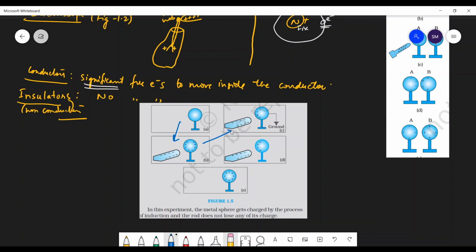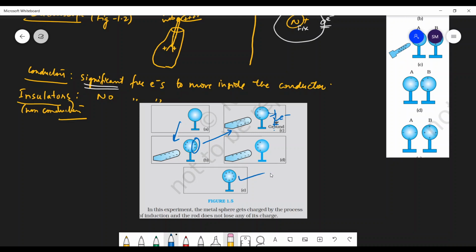Now after this, you have grounded it: you have connected a wire to this metallic sphere and you have earthed it. So the negative charge which was over here, those electrons went into the ground, and now you have removed this wire, and this rod is also taken away.